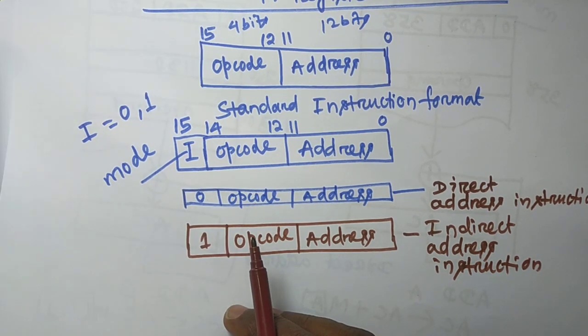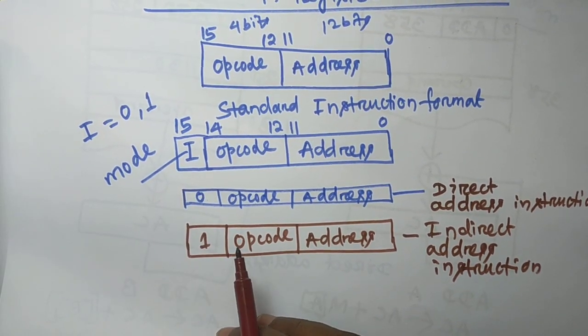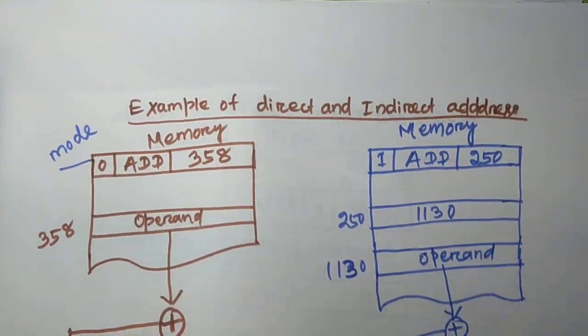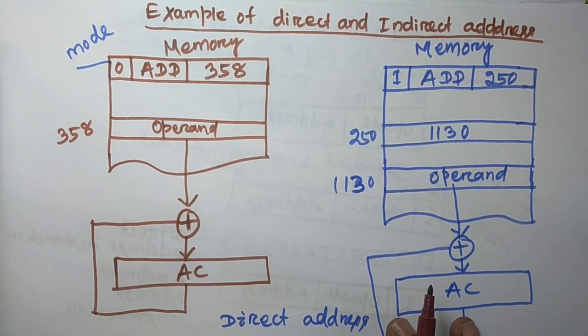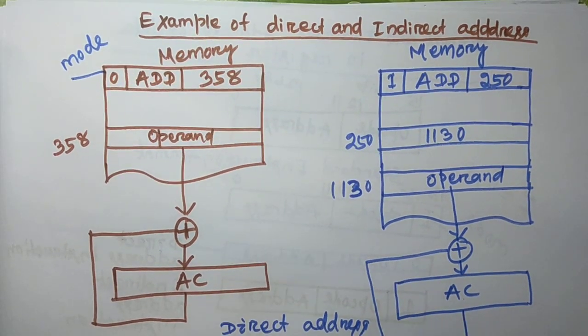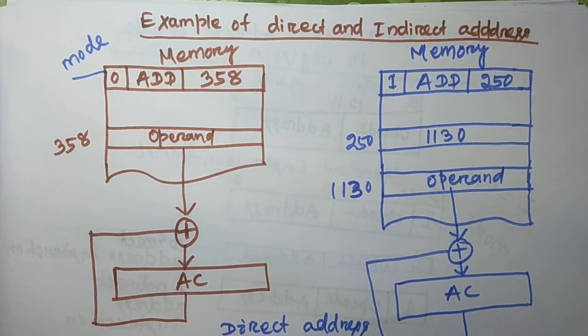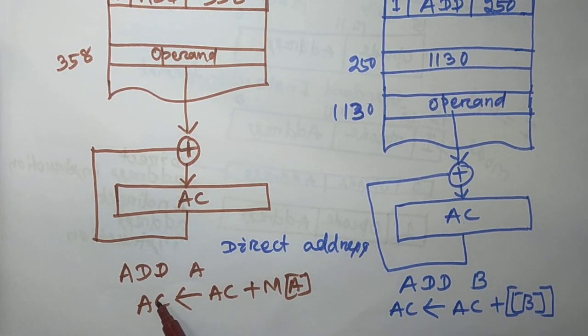Whenever it is needed to operate through an instruction. Now take an example; this example is very important. We will consider the same instruction format, with an example of direct and indirect address. Suppose ADD A for direct address and ADD B for indirect address.